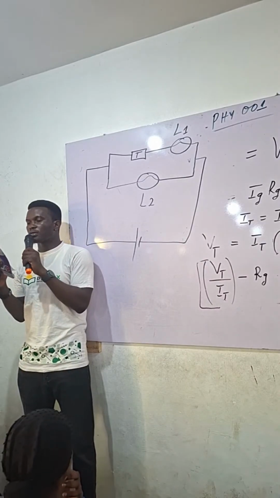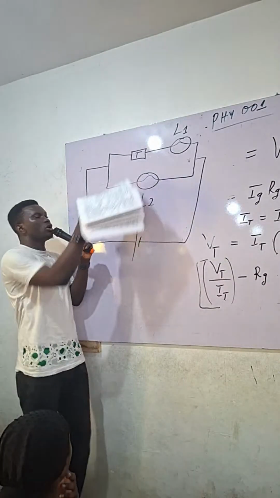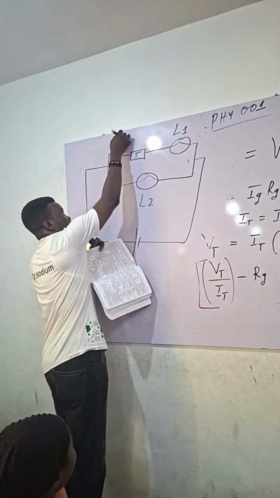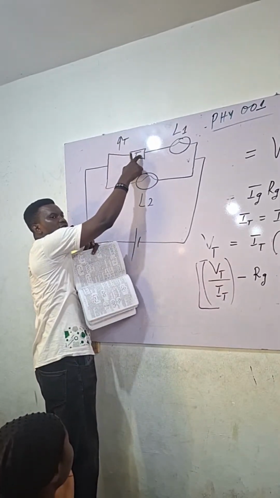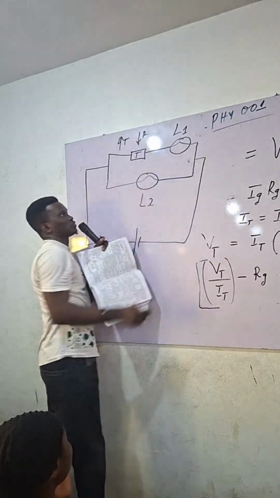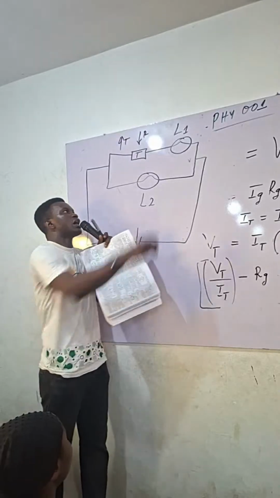So option A, let me ask you: as temperature T increases here, they already told us something. As temperature increases, what happens to the resistance? It falls. So if the resistance is falling, what do you think will happen to this lamp?